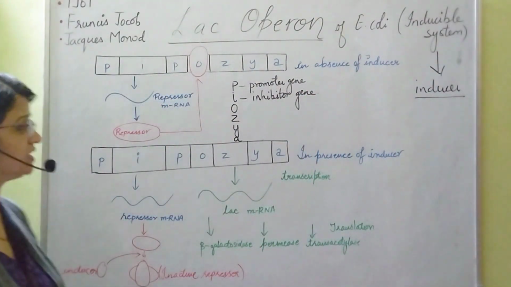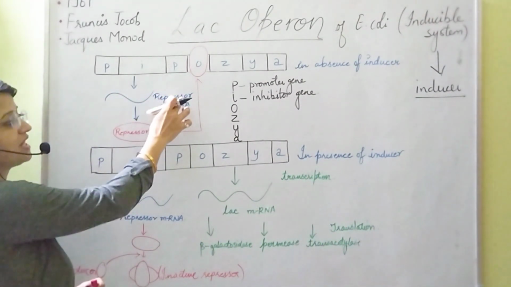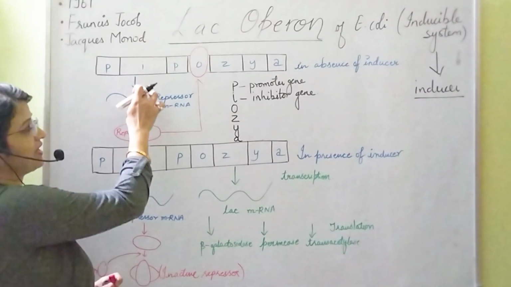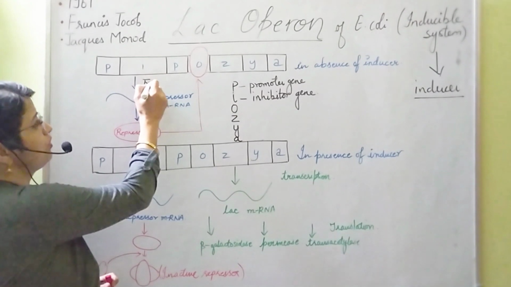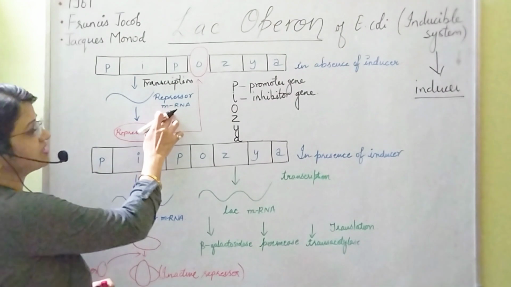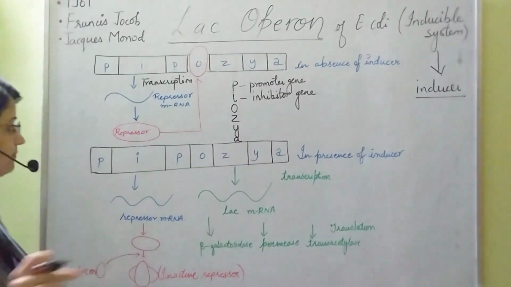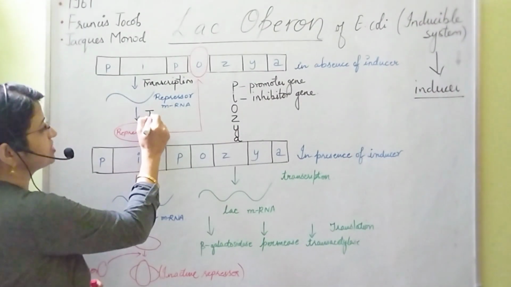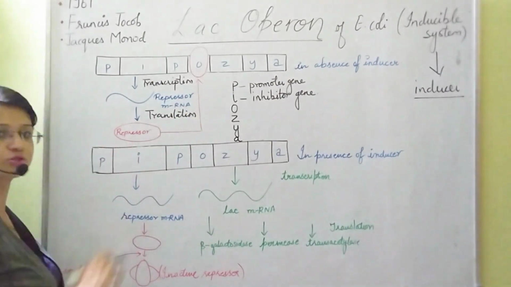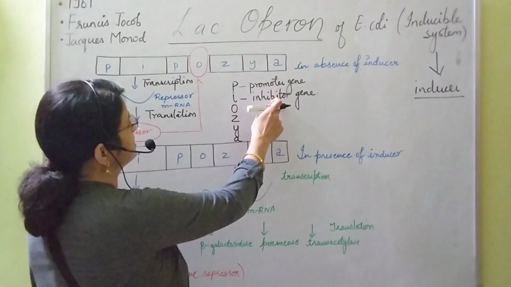This inhibitor gene will undergo transcription and will produce a messenger RNA. This messenger RNA is called repressor messenger RNA. It will undergo translation and produce a protein, and that protein is known as repressor protein. So it is the inhibitor gene.